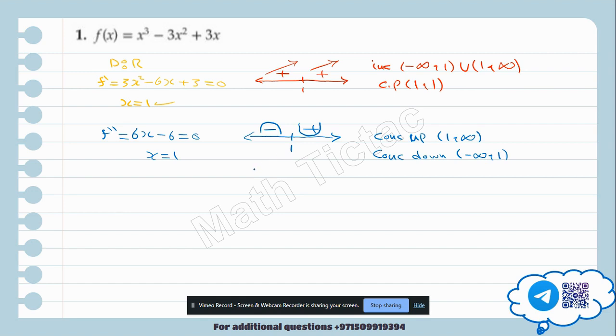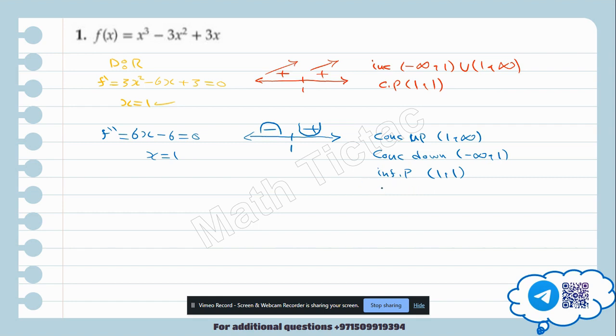Now I can also write the inflection point at 1, because we have a change from concave down to concave up. So at 1 and f of 1, which we have already found, is 1. We can substitute in the original function directly. Now we have found the inflection point.